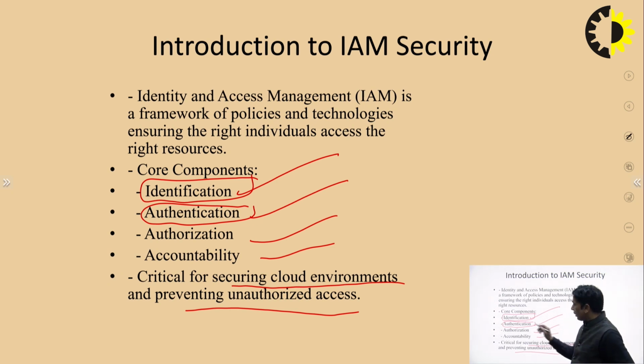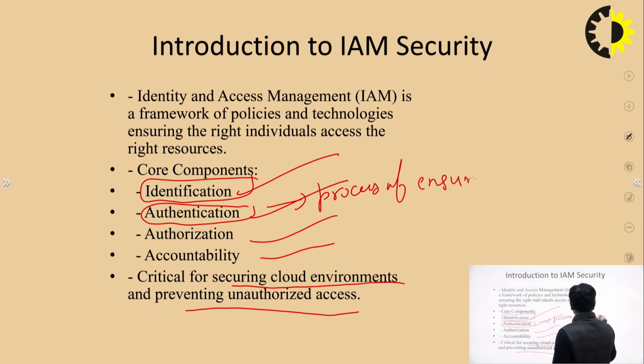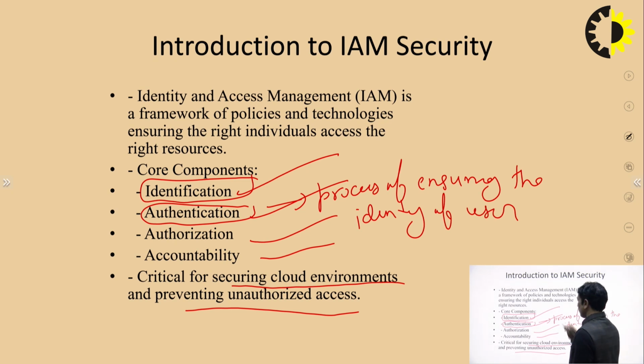What is authentication? Authentication is the process of ensuring the identity of the user of the system, whether a legitimate or illegitimate user. And what is identification? This is the recognition: somebody comes and you sense that somebody is trying to use the system.